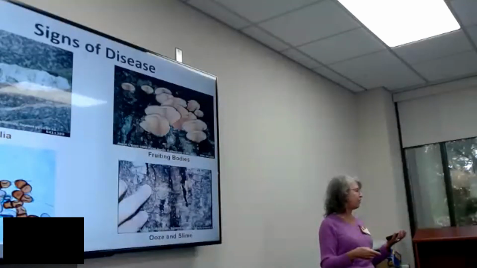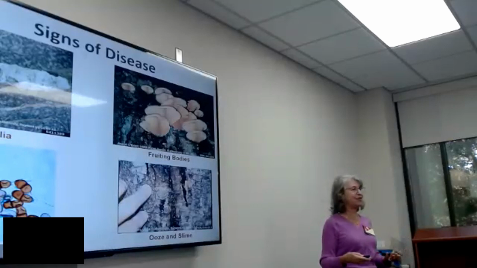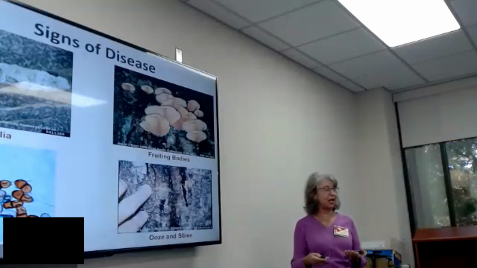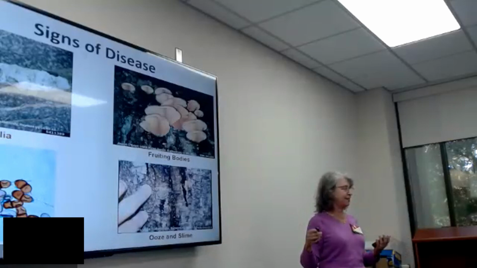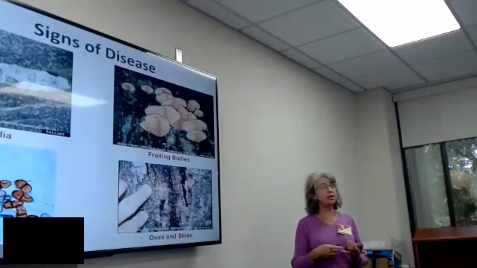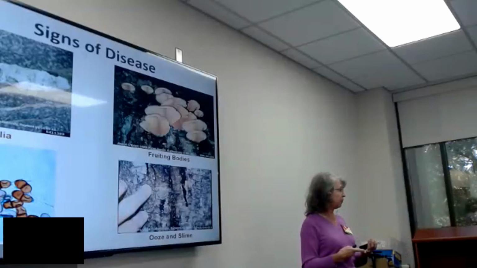So there's a lot of other weird kinds of things out there that can infect plants. They're going to be the lesser things that you probably won't be exposed to very much. I just want you to be aware. Those are the main ones to know about. Think about nematodes too, because that can be fairly important. The oomycetes are important because Phytophthora and Pythium are really big disease causers, so they are important to know about.